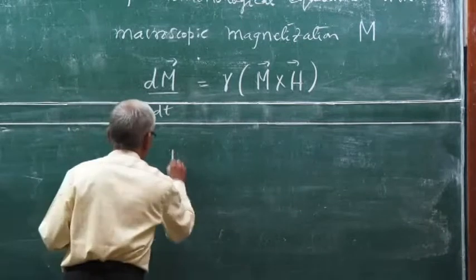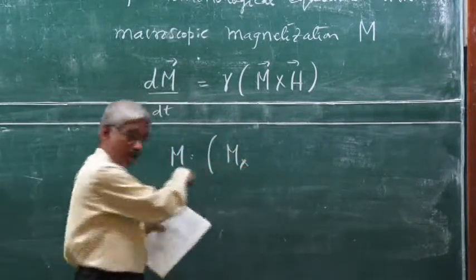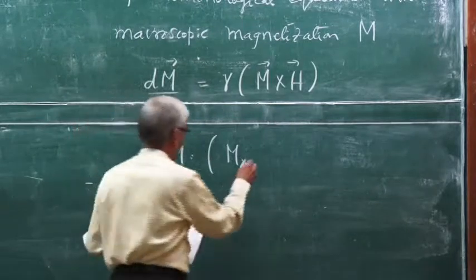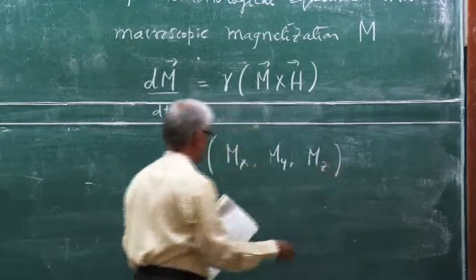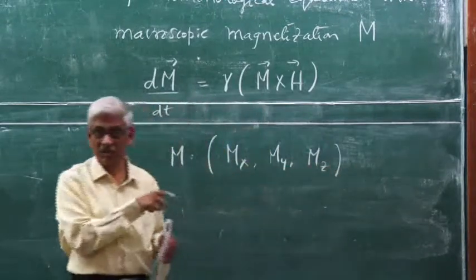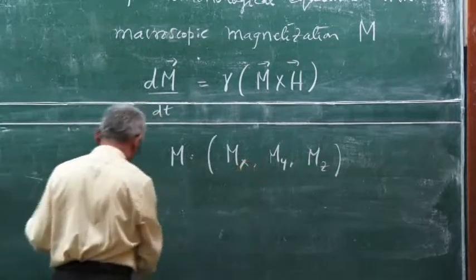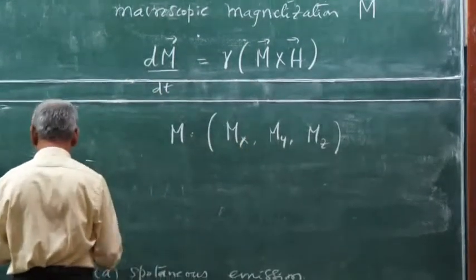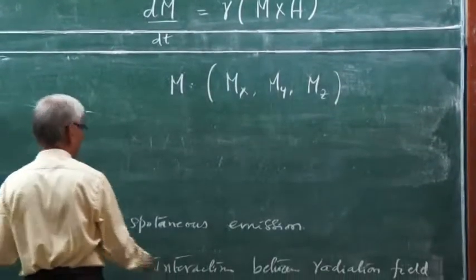M is the vector with components Mx, My, Mz. Now these are numbers. So when you write this, these are now numbers. This is a vector, so it has these three components. H is the total magnetic field.